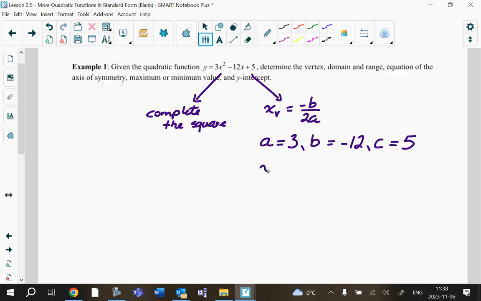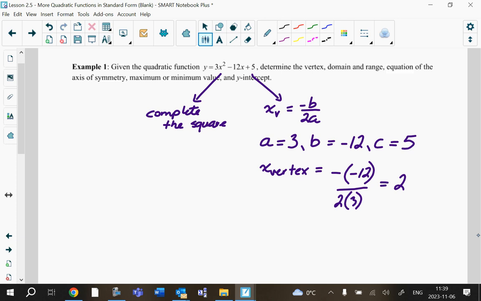So to find the X vertex, I take negative B, which is the same thing as negative 12, because remember it's negative b, divided by 2 times a, which is 2 times 3. So what do we get? Which is plus 2. So that means the x vertex is 2.